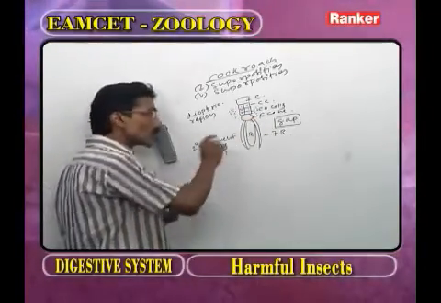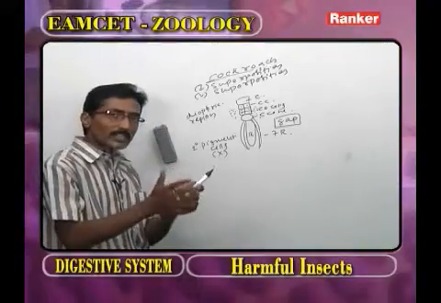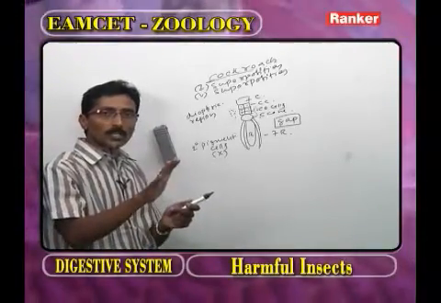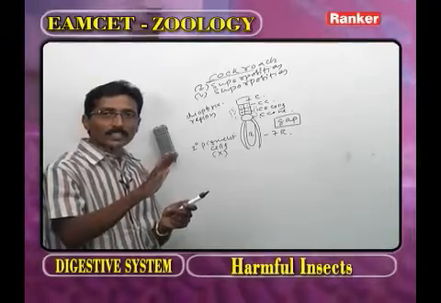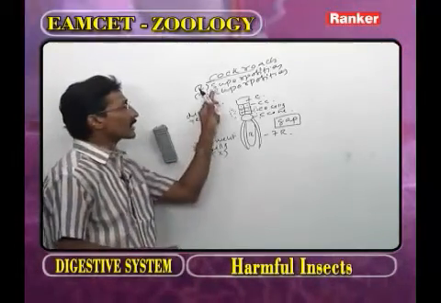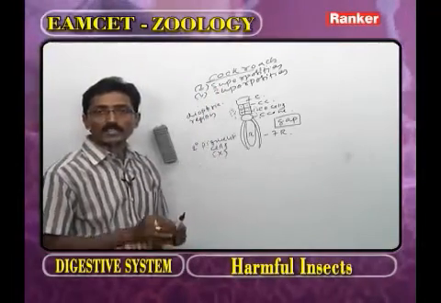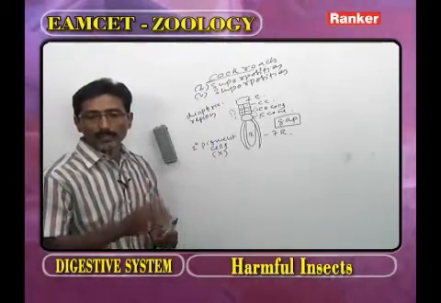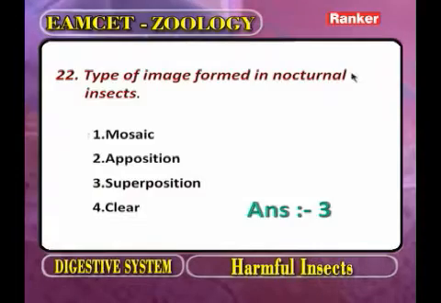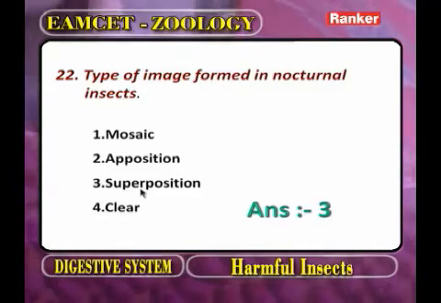So, in each ommatidium, though an image forms, all images are overlapped. The image is not clear, the vision is blurred. Such type of vision and image we call superposition. Type of image formed in nocturnal insects: mosaic, apposition, superposition, clear. Here the answer is superposition.